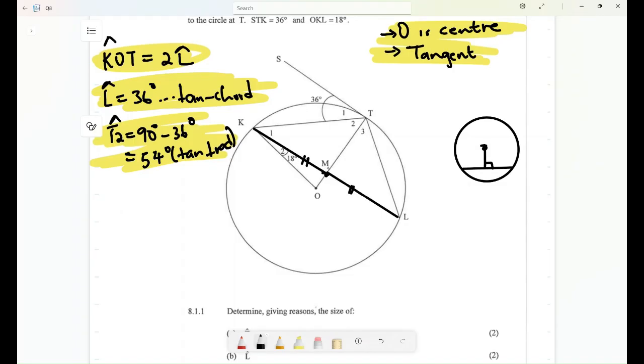If I can prove that this angle here is 90, remember the theorem that says a line from the center perpendicular to the chord bisects it. Therefore, it bisects this one twice, right? Do you see that? So now let's prove that angle TMK, or rather this angle here, is 90.